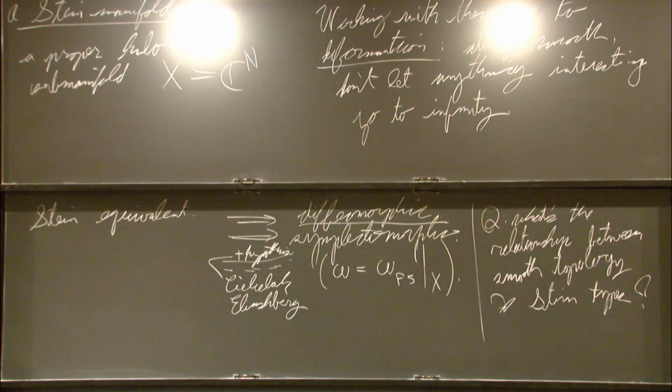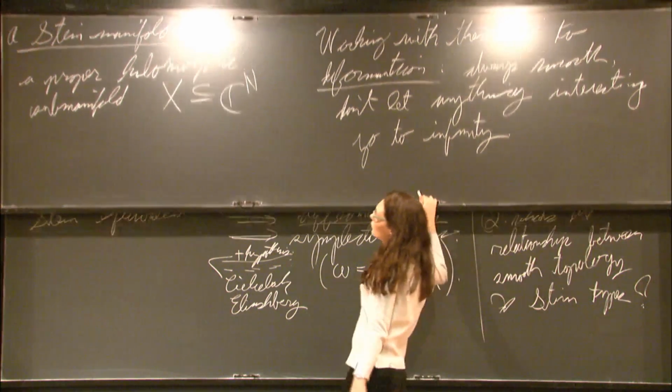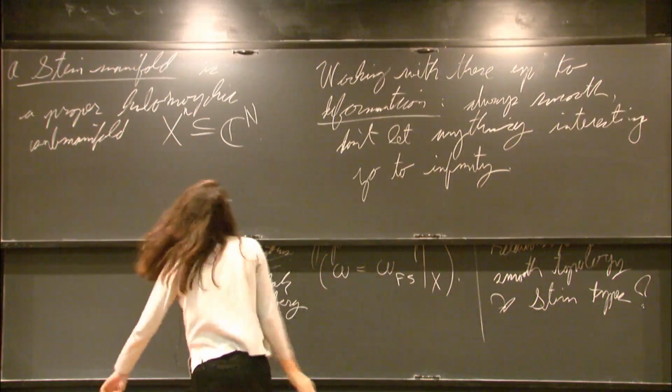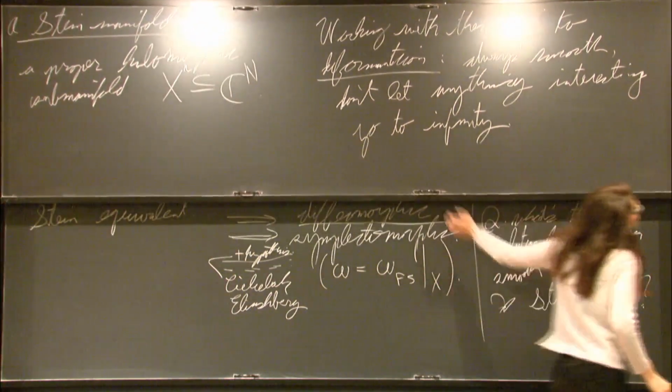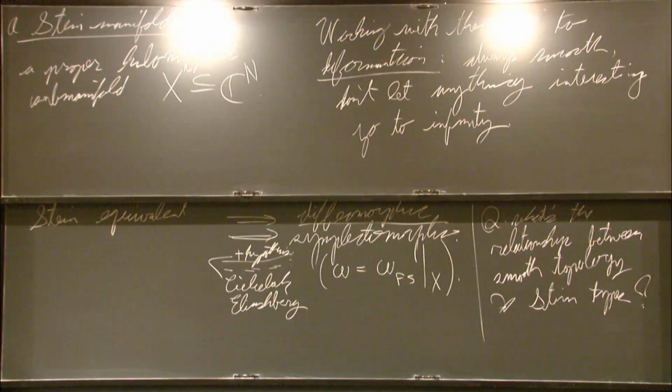Okay, so for example, let's do the easiest possible example. If I'm going to use lowercase n for my dimension, then if n equals 1, it turns out that any open Riemann surface is Stein.